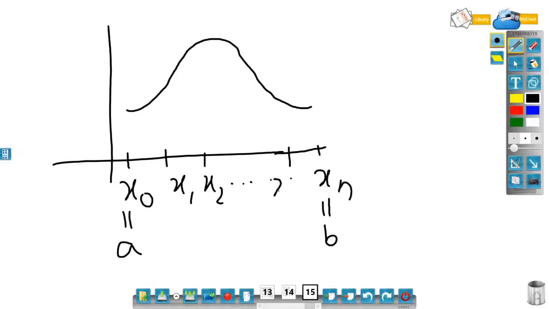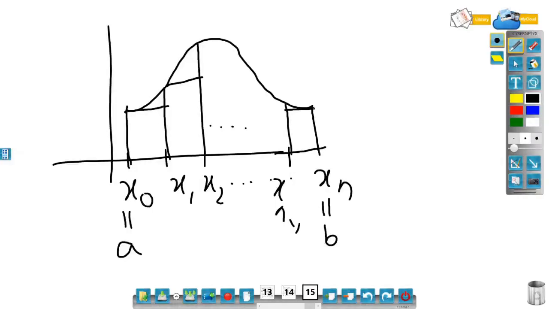So somewhere here I have xn minus 1. Now again we will form rectangles. Now this time when we are forming rectangles, they will be below the curve. So basically I am interested in this area.